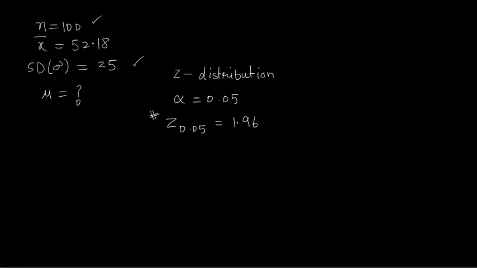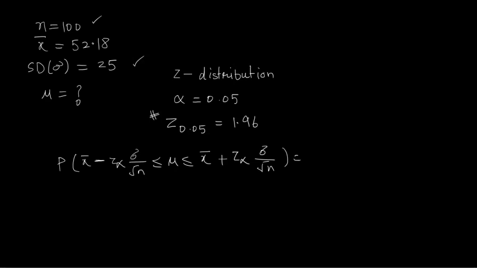You can check my videos on normal distribution for how this z-score at 0.05 is 1.96. Let me quickly create an interval. The probability that it is going to be x bar minus z alpha sigma divided by square root n, less than or equal to mu, less than or equal to x bar plus z alpha sigma by square root n.